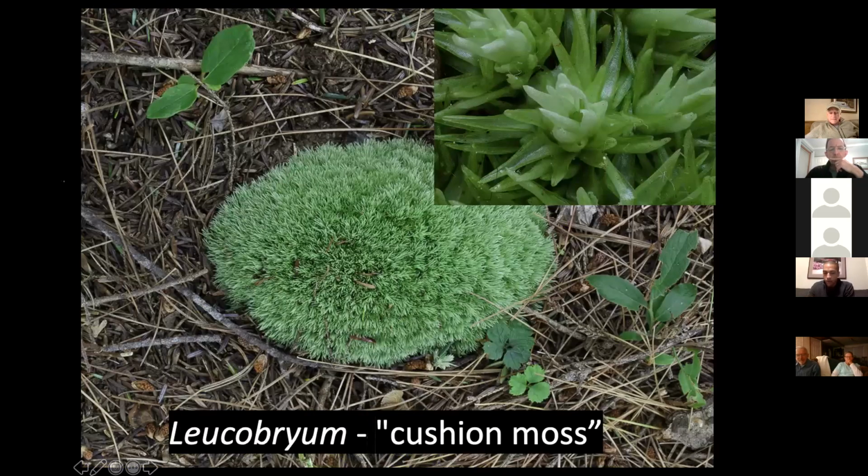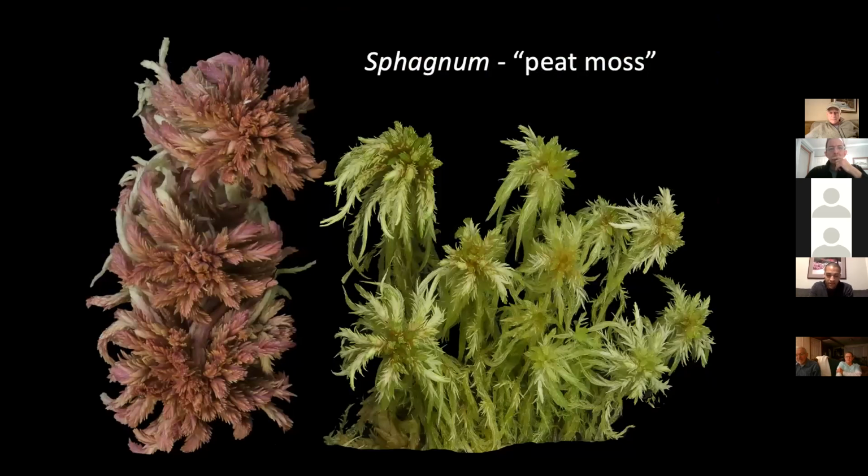Leucobryum you'll see throughout pretty much any woodland. It's these densely packed, whitish green clumps, and if you look at them closely, they look like little succulents. And we don't really have sphagnums around here, but they look cool and they have a lot of cool functions in the ecosystem, so I wanted to put them on here just to show you what they look like.